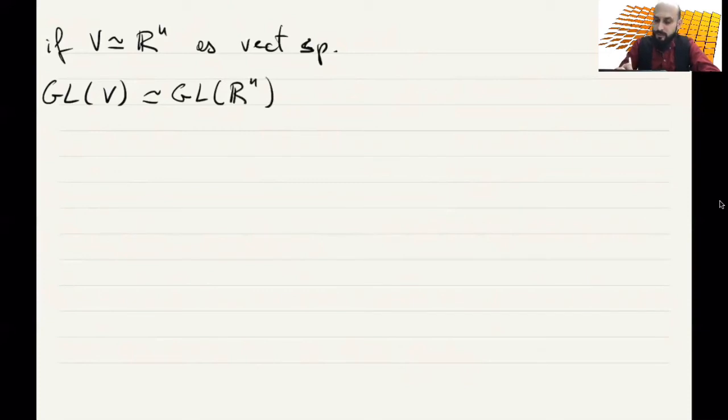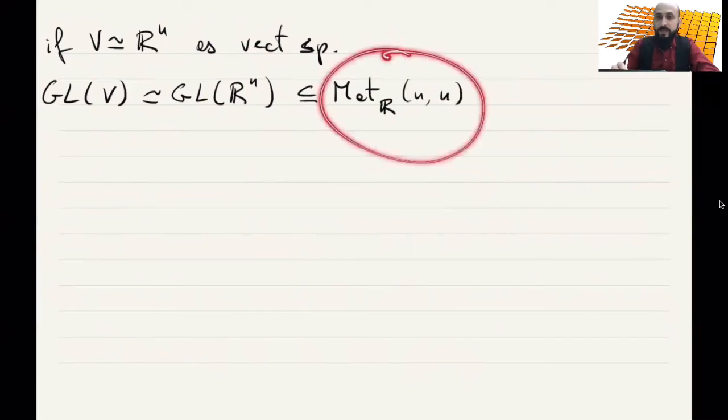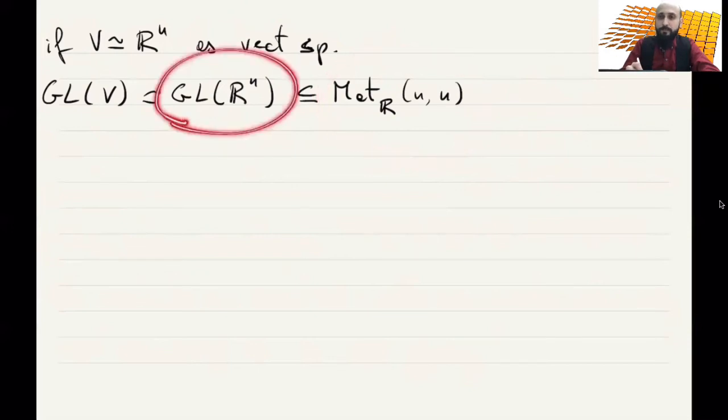What are these? These are the invertible linear transformations that we can interpret as n by n matrices. This is the space of n times n matrices, and these are exactly the matrices that are invertible, in other words with non-zero determinant.